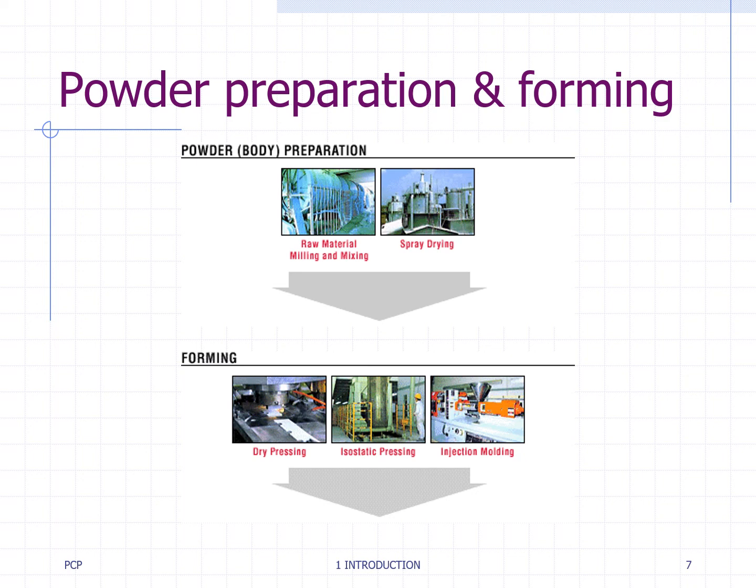When this operation is done with a liquid, the slurry formed might be pumped and dried in a so-called spray dryer, normally with a counterflow of hot air. The so obtained granules might be then dry pressed, isostatic pressed, or injection molded, depending on the shape that we wish to manufacture.